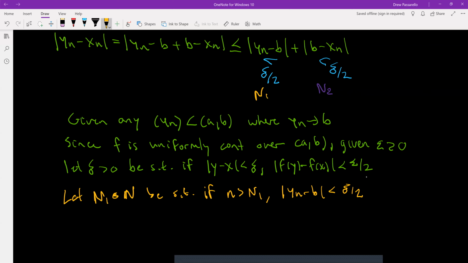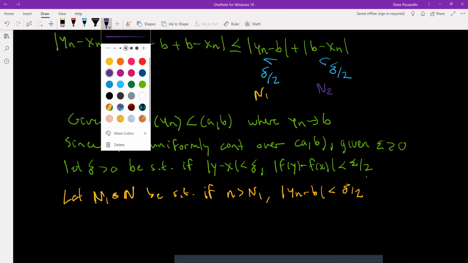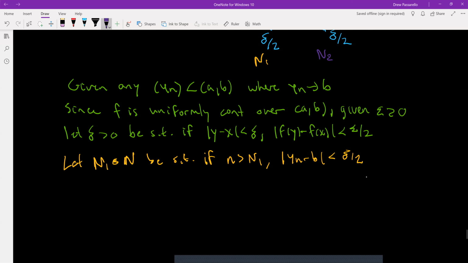Let n2 be such that if little n is bigger than n2, then the absolute value of xn minus b is less than delta over 2.